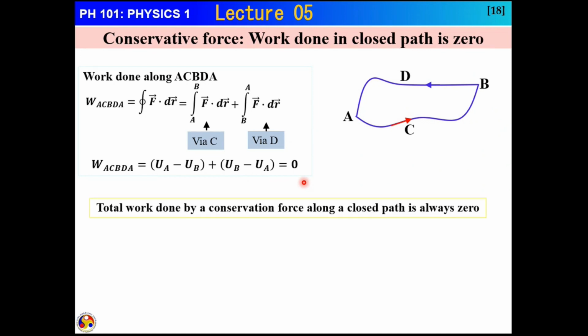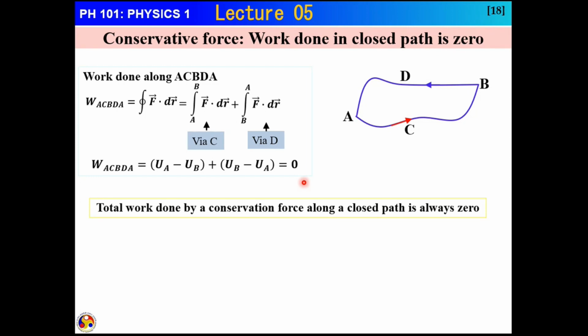So it is basically the same statement: if the work done is only dependent upon the potential difference between the first point and end point, then in the closed loop, the total work done will be 0.